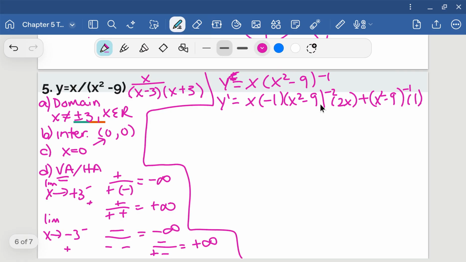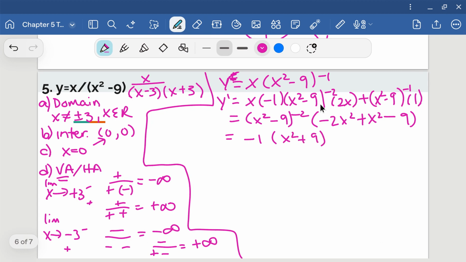Then take out your greatest common factor, which is your smallest exponent for that common factor, which is negative 2. And when you do that, you'll have negative 2x squared plus x squared minus 9. Now, collecting some like terms here, you end up with negative 1, once we factor out, times x squared plus 9. So I'm just skipping a step there, but that's just simplifying this and taking out a negative 1.